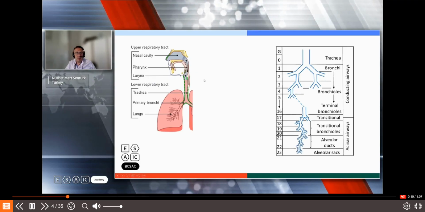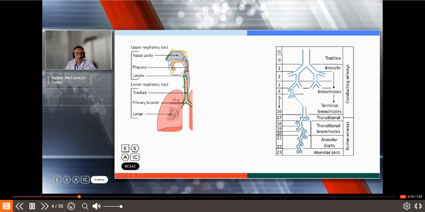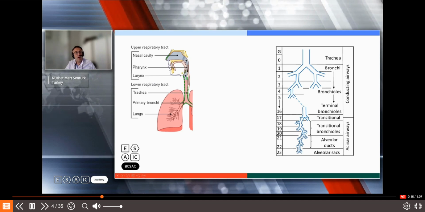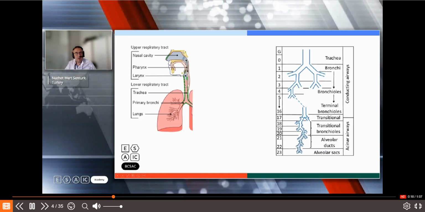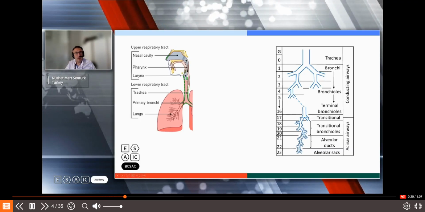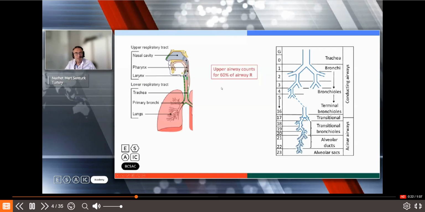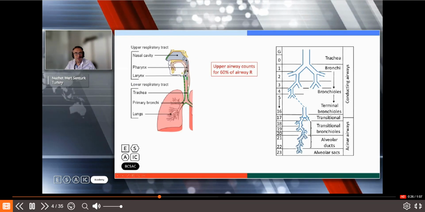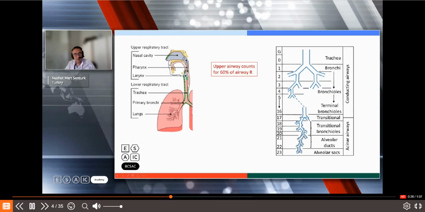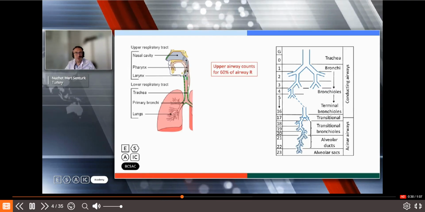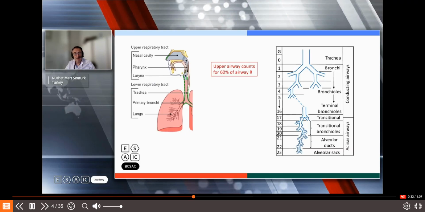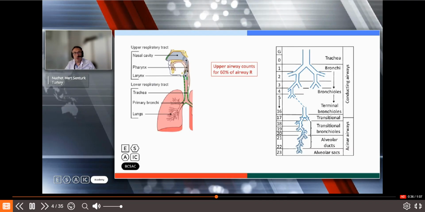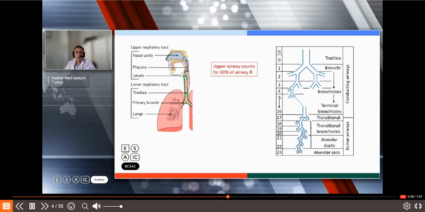The upper respiratory tract is important for us, and it extends from the nose and mouth until the end of the larynx. Why is it so important for us? Because the upper airway accounts for approximately 60% of the whole airway resistance. This is especially important in patients undergoing mechanical ventilation.